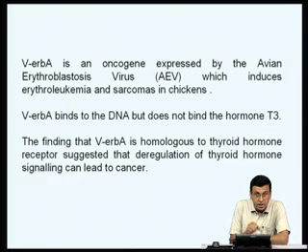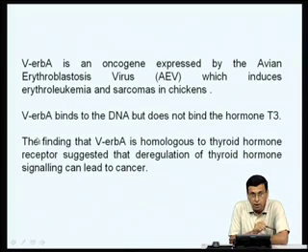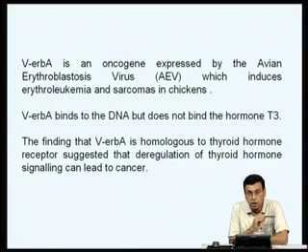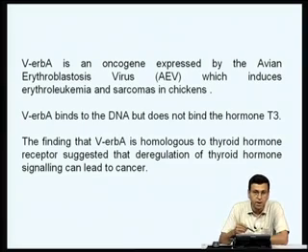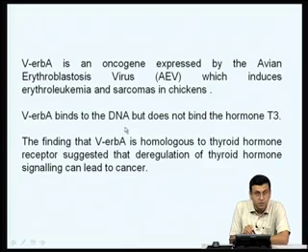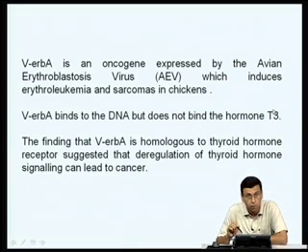But once it was discovered that v-ErbA has a very high degree of identity, or homology, to the thyroid hormone receptor, people started asking what the difference is between v-ErbA and a thyroid hormone receptor. Soon they discovered that v-ErbA also binds to the same DNA sequence as the thyroid hormone receptor, but it does not bind to hormone.